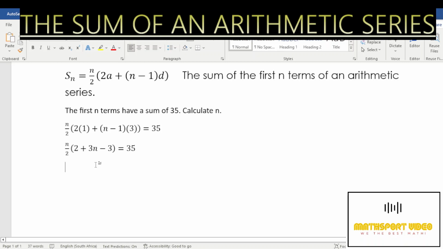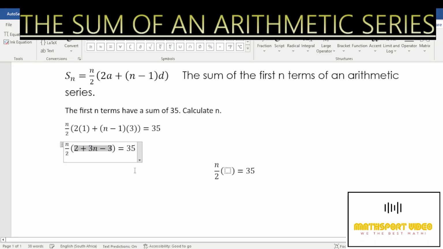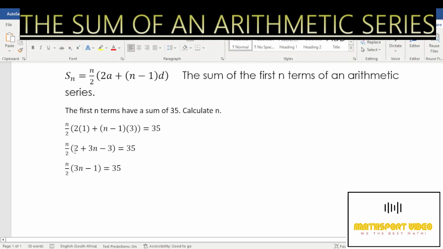We can then say it is n over 2, and then in that bracket we have over here 3n minus 1. Now your next move is going to be to remove this 2 over here. So what we need to do is times 35 times 2. That is 70.